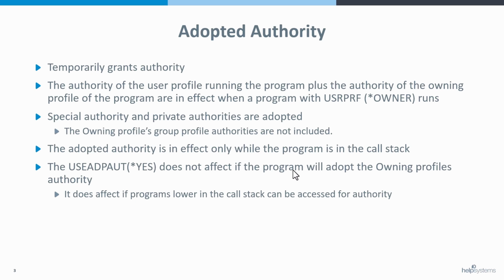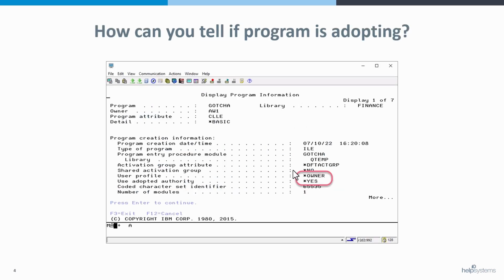When looking at a program, there are two attributes that we will observe to determine if the program is adopting authority itself or if it has access to adopt authority from higher in the call stack. To tell if a program is adopting authority, you want to look at the user profile parameter.